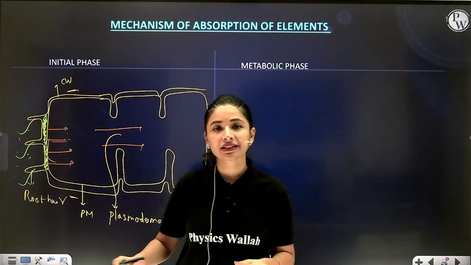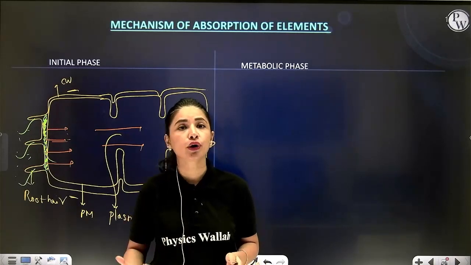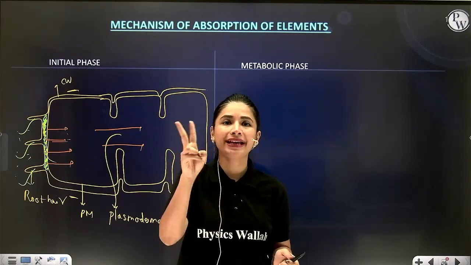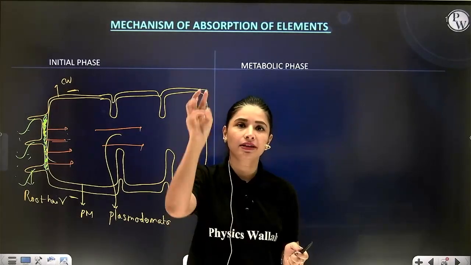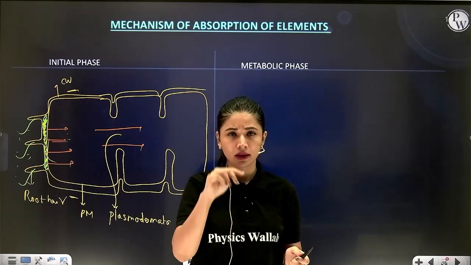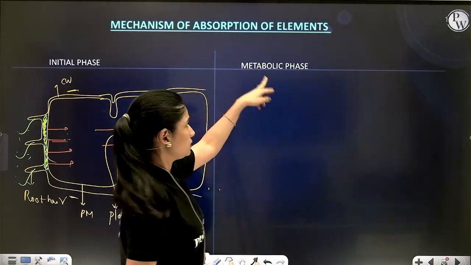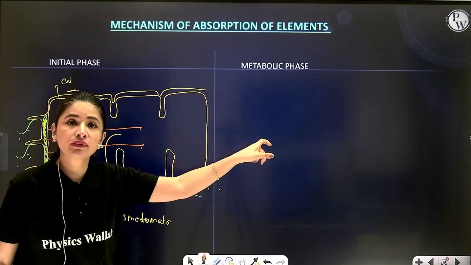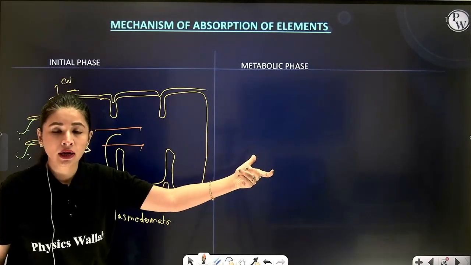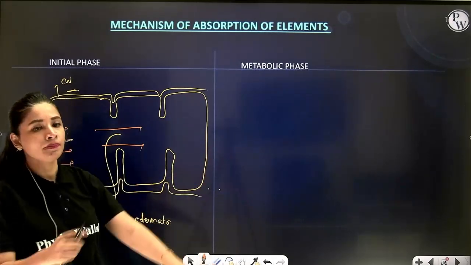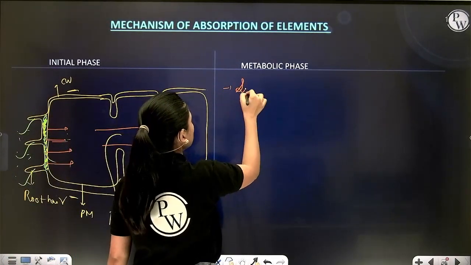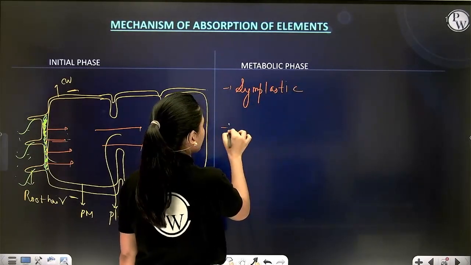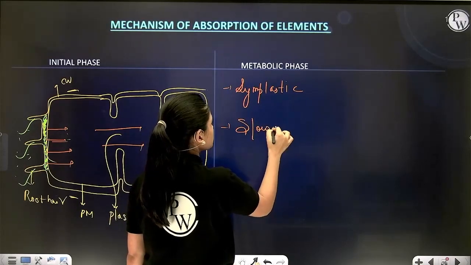Initial phase is characterized by the movement of ions and water in the dead regions. First thing. Second, the movement will be apoplastic. Third, passive. Fourth, faster. Then water along with the minerals will enter inside the cell, where the movement will become comparatively slower because the mode changes from apoplastic to symplastic. The movement will become slower.